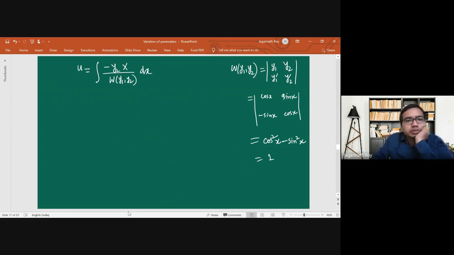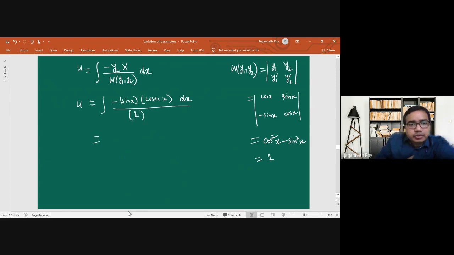So we now calculate u equals the integral of minus y2, that means sin x, the right hand side is cosec x, into dx, and the Wronskian is 1. So sin x and cosec x will give you 1, minus integral of 1 into dx. So this is nothing but minus x.